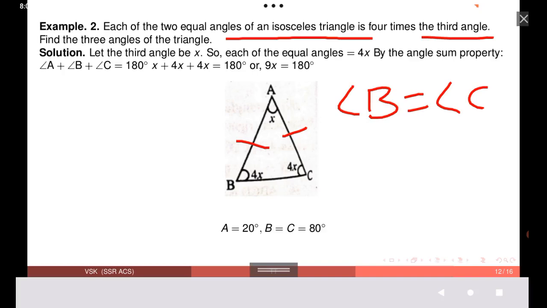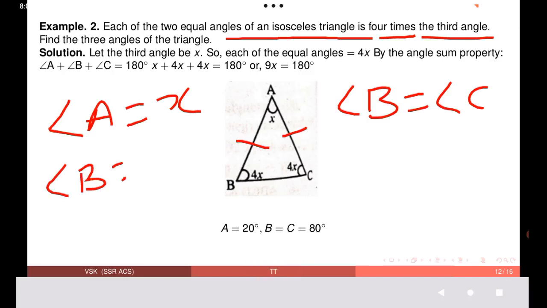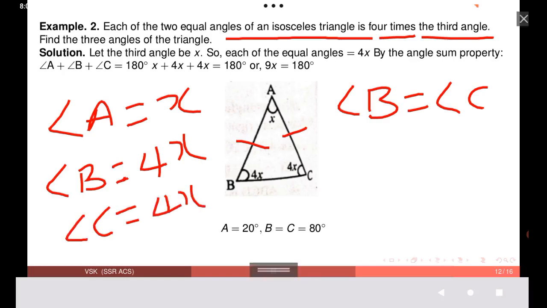And what is given? Each of the two equal angles of an isosceles triangle is 4 times the third angle. Suppose the third angle A is x. So what will be angle B? Angle B will be 4 times, so 4x. What will be angle C? Angle C is the same as angle B, so it is also 4x.